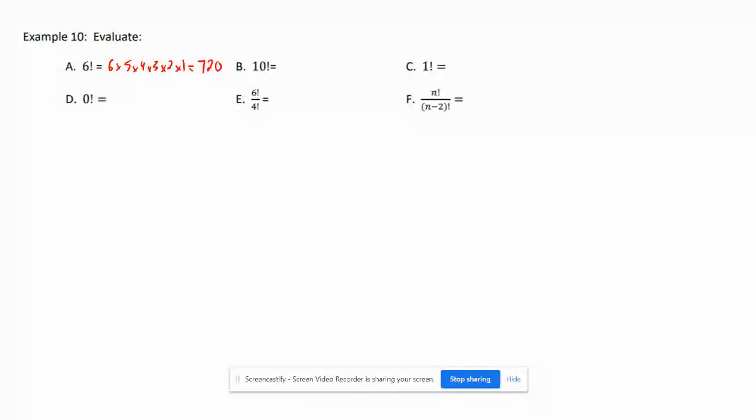So guys, for a question like 10 factorial, there is a way that we can do this in our calculator. You want to press the math button, and then go over to PRB, which is for probability, and go down to the option where it says the factorial. So you can go 10, math probability factorial. I'm sorry, guys, I actually do not have a calculator with me right now, so I have to do this on my phone.